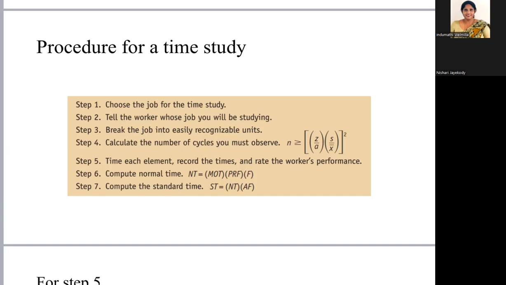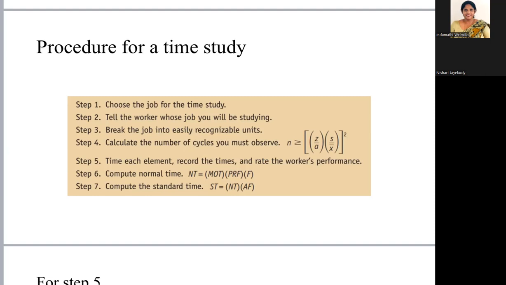And the next step, step 5: time each element, record the time and rate the worker's performance. Before explaining this one, you need to understand some basic required things, that means the meaning of some phrases.